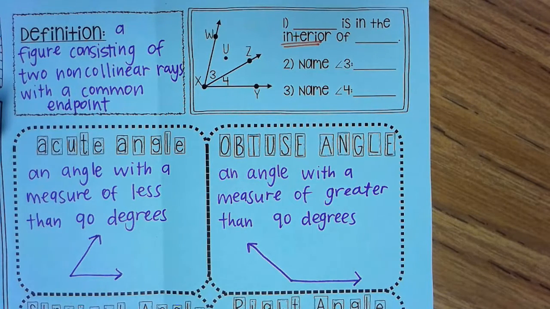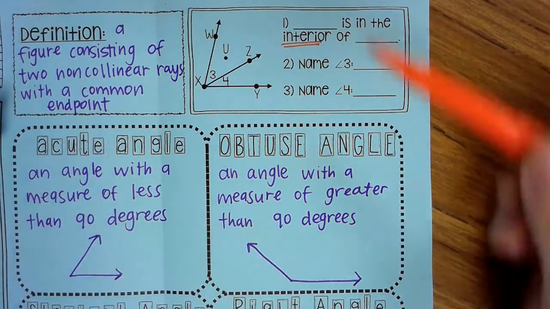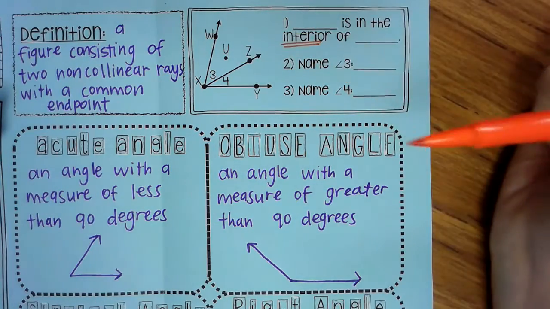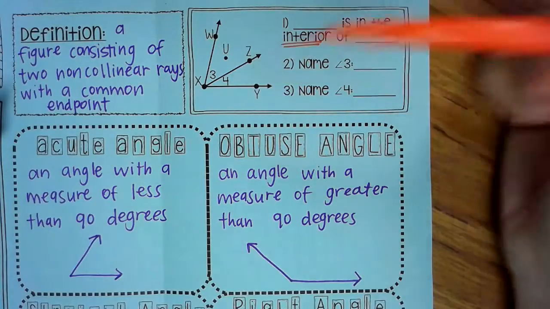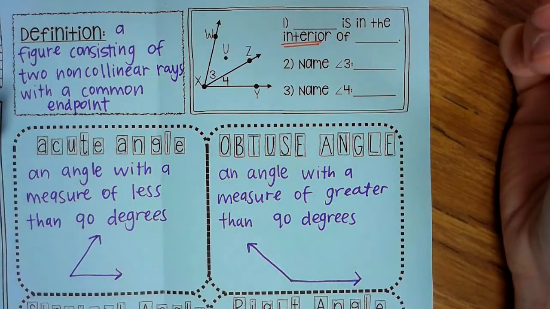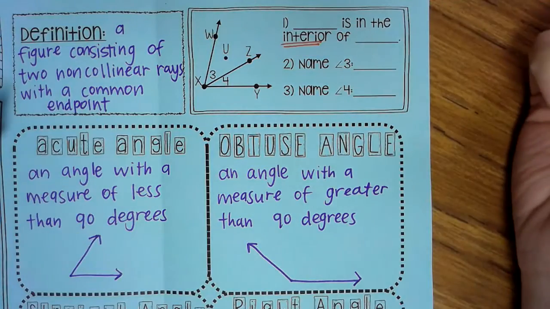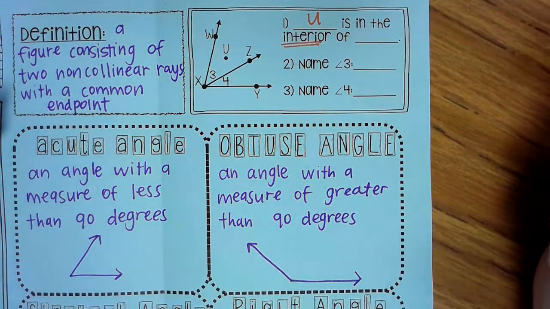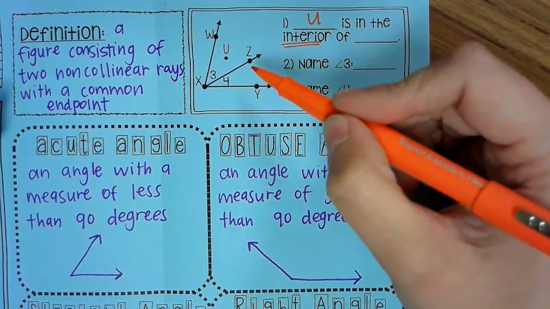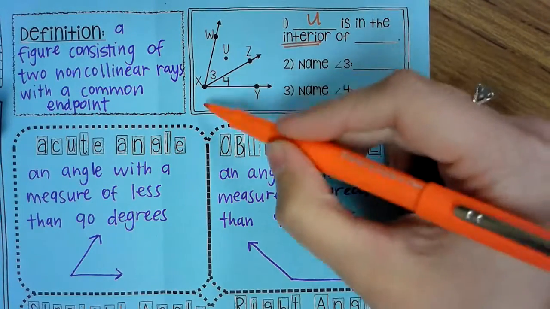So if I look at this, the only thing I see inside of any of these angles is this point U, and then I also see these numbers 3 and 4. We just talked about that 3 and 4 are just ways to name those angles. So that's nothing impressive, but this point is a little bit odd. So we're going to call them out. Point U, remember we can name a point with just a capital letter, is in the interior of, when you look at this, hopefully you think, oh, U's in the interior of angle 3.